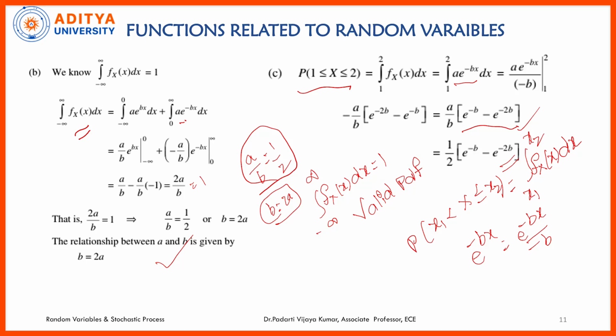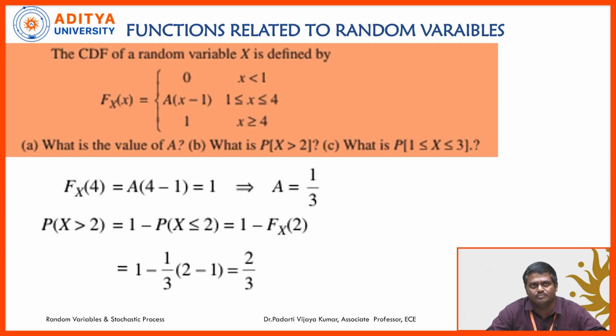Let us see one more problem related to the distribution function. So far we have calculated probabilities directly using the density function. We will see another way to calculate probabilities using the distribution function and its properties. The cumulative distribution function is defined ranging from minus infinity to plus infinity, and we need to compute the constant value a. We know that the cumulative distribution function f x of infinity is equal to 1.